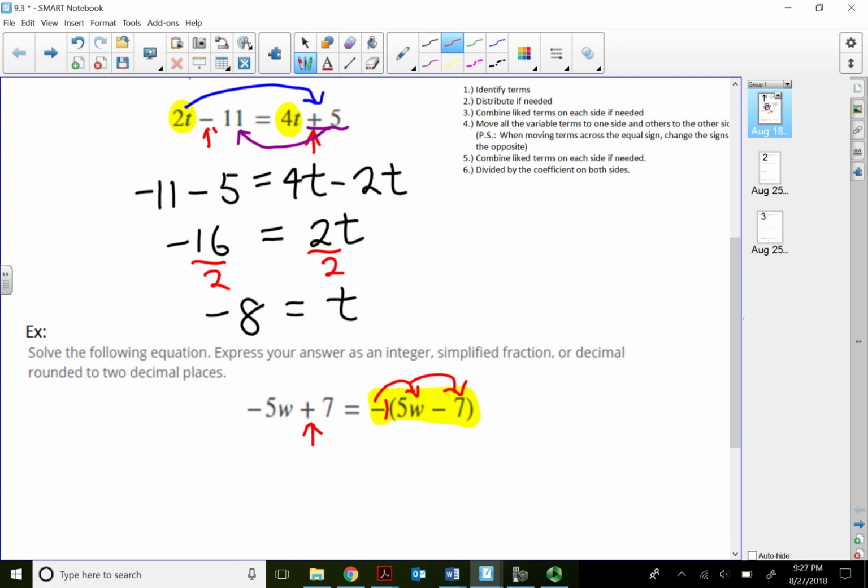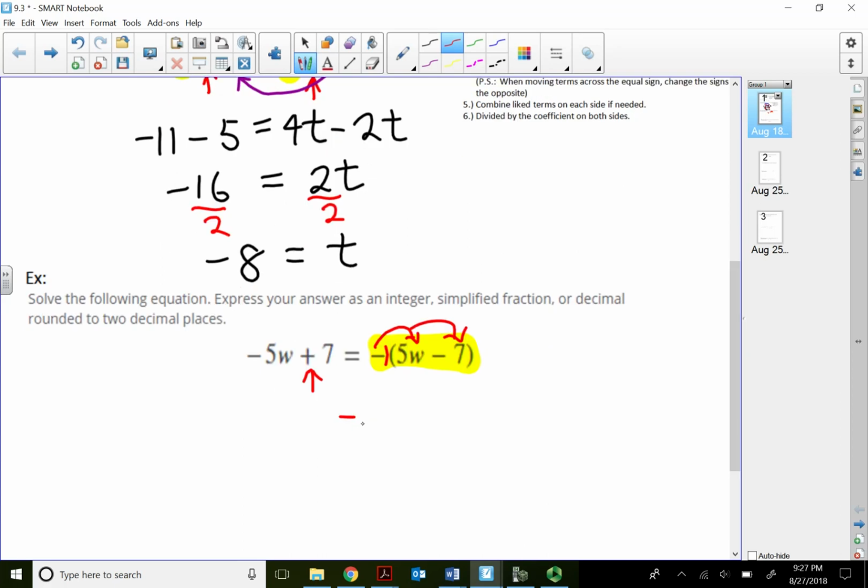So I'm at step number 2. On the right side, negative 1 times 5w is negative 5w. This is just like what we did in module 8. Negative 1 times negative 7 is positive 7. On the left side, I still have negative 5w and a positive 7.